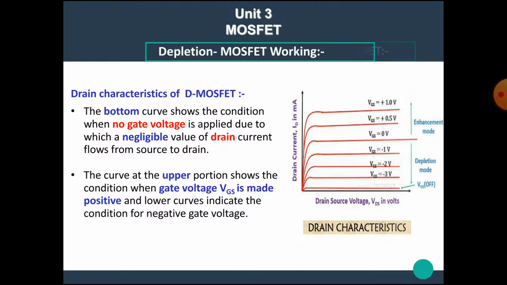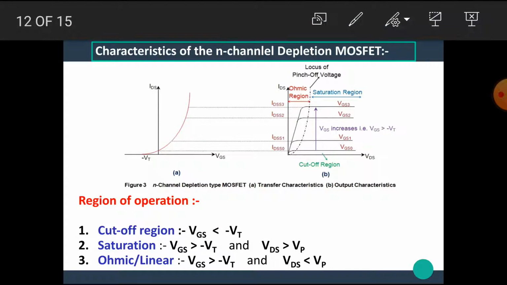Okay. Now these are the characteristics of the n-channel depletion MOSFET, in which figure A shows the transfer characteristics and figure B shows the output characteristics. There are mainly three regions of operation: cutoff region, saturation region, and ohmic or linear region.